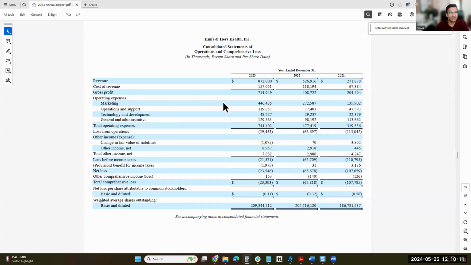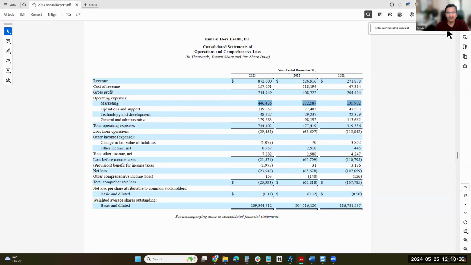Oh no, it is actually 51% in 2022. Let's look at 2023. Marketing expense is 446 divided by 872, which is 51%. So consistently, sales and marketing expense has been 50% of their revenue.